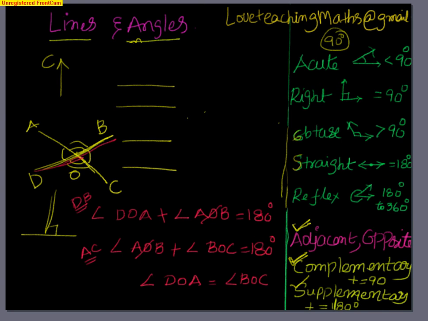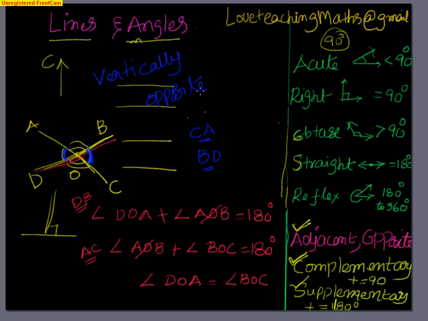That means this angle is equivalent to this angle. Can you go ahead and prove that this angle is equal to this angle? Yes, you can do that by taking lines CA and BD. So this gives us a result that whenever two lines are intersecting, the vertically opposite angles are equal.